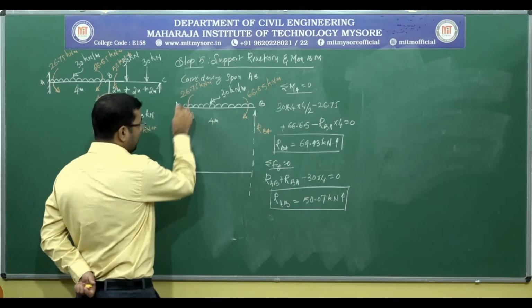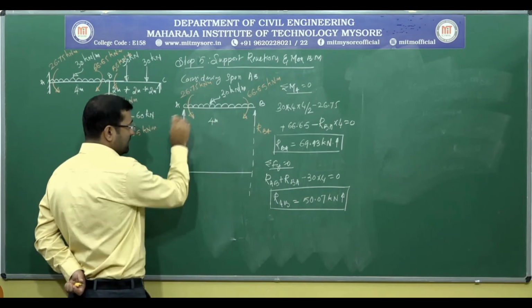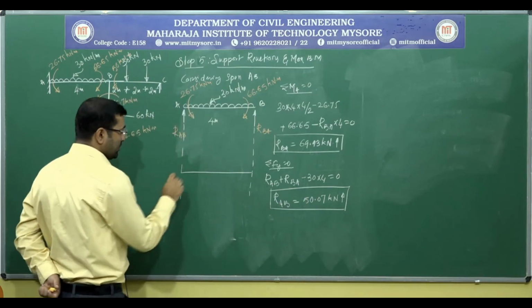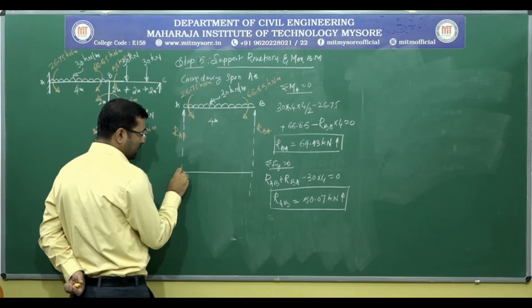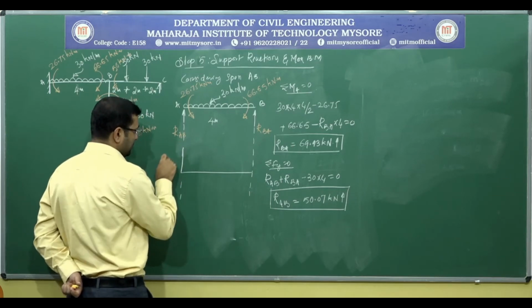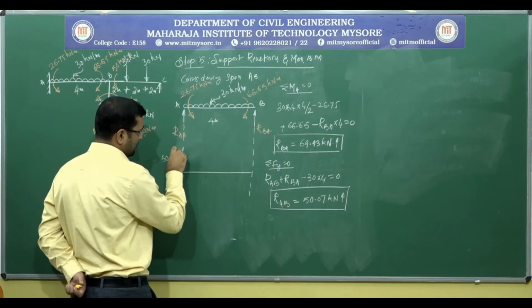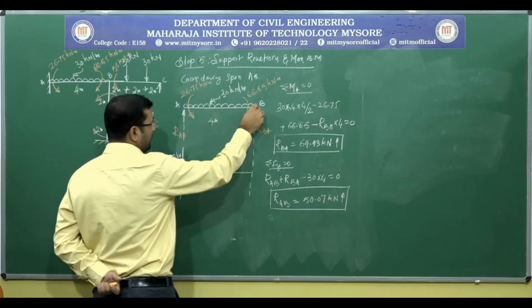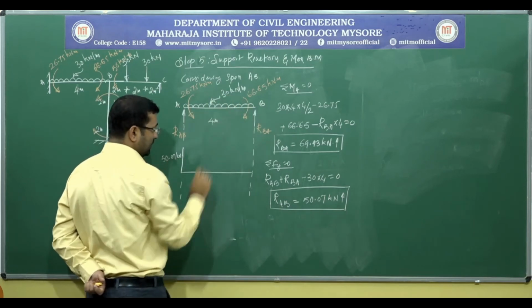At point A we have a reacting component RAB, which is acting vertically upwards. So it is 50.07 kilonewton, and I will take the shear force diagram vertically up. Soon after A till B we have a UDL acting vertically downwards.